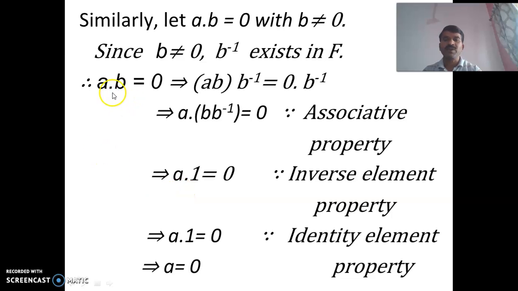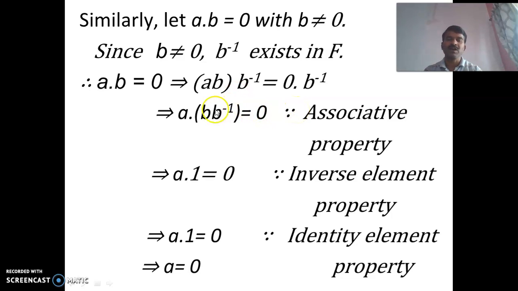Therefore, multiplying on the right side, AB into B inverse equal to 0 dot B inverse, that is, A dot (B into B inverse) equal to 0.